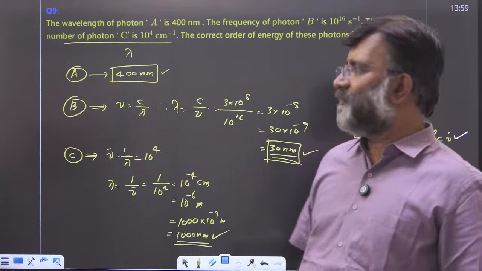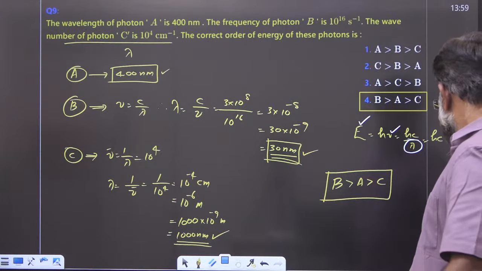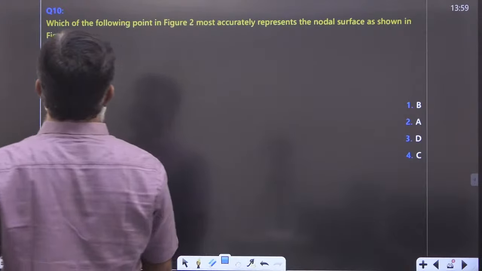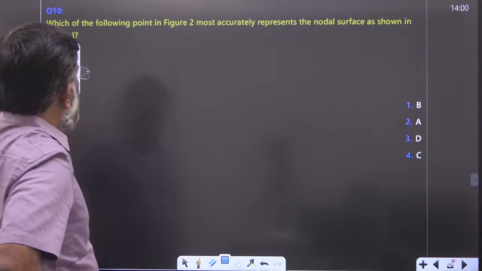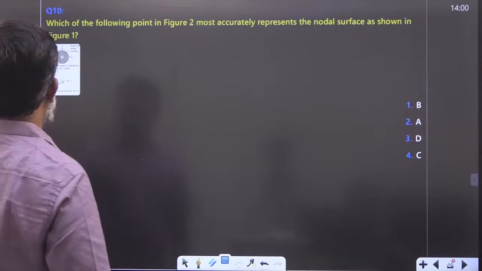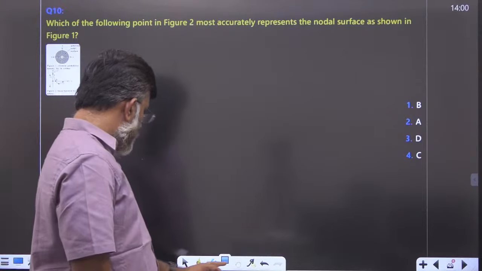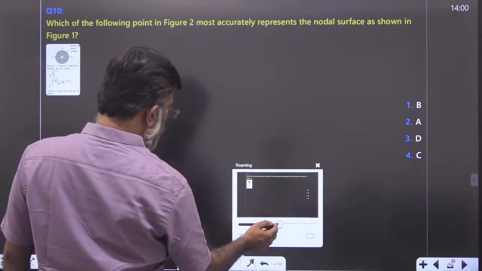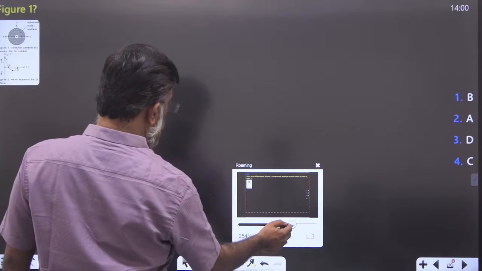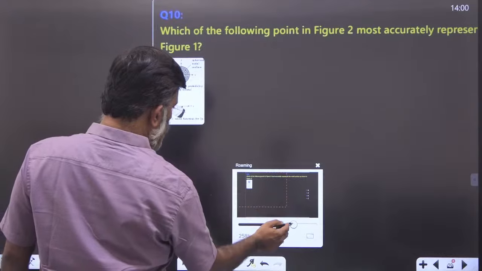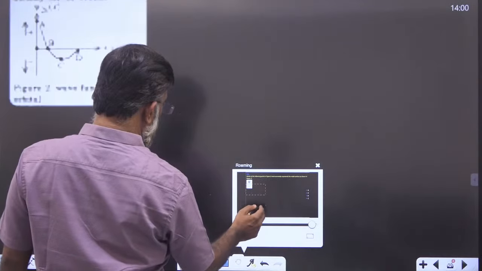അടുത്ത ക്വസ്റ്റ്യനിലേക്ക് പോകാം. Question number 10. Which of the following point in figure 2 most accurately represent nodal surface as shown in figure 1? Figure 2. ഫിഗർ 2 ഒരു ക്ലാരിറ്റി ഇല്ല അല്ലേ?